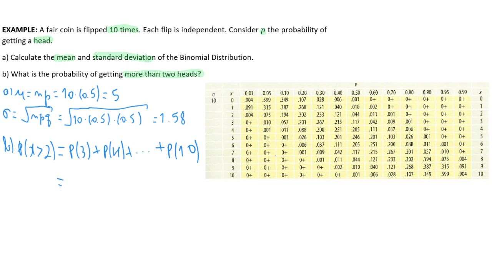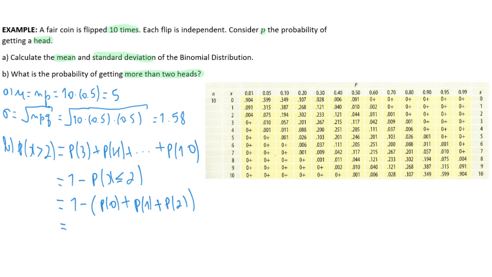But it's easier to calculate 1 minus the probability of x less than or equal to 2. So I have 1 minus the probability of 0 plus the probability of 1 plus the probability of 2.